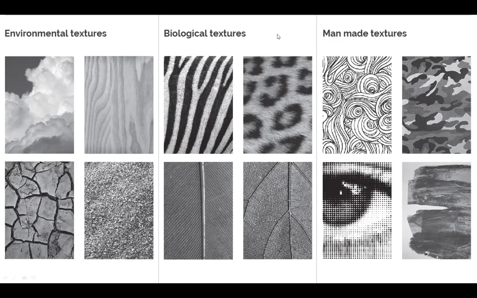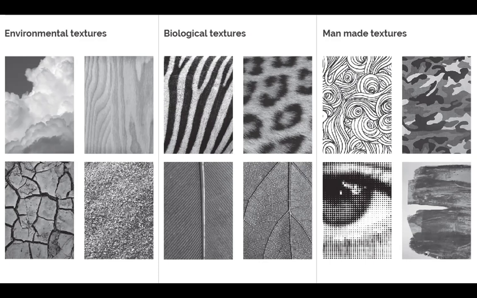When it comes to biological textures, we can have things like the skin, the fur. Have you ever seen the fur on the body of a sheep, on the body of a pussycat?